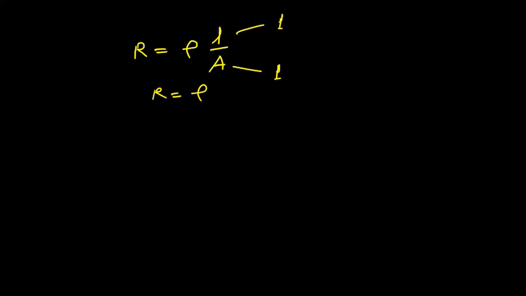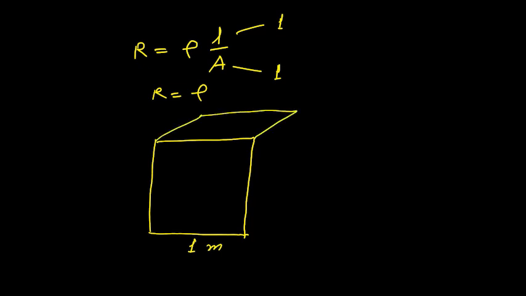So if you have a conductor whose length is 1 meter and the cross sectional area is also 1 meter square, then in that case, its resistance will be equal to its resistivity. That's how we define resistivity.